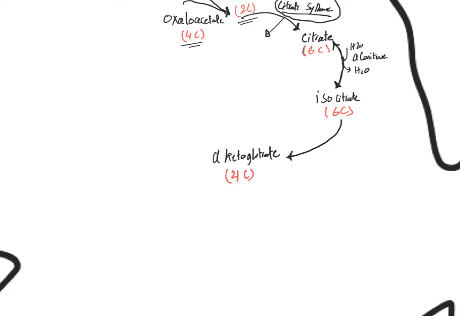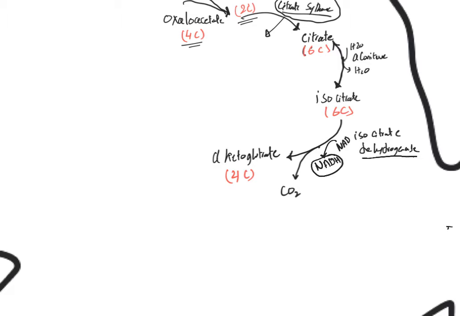Because we lost a carbon here, there will be carbon dioxide released, and the enzyme responsible for this is isocitrate dehydrogenase. As I mentioned before, whenever you see dehydrogenase, there is usage of NAD or FAD. So here NAD is converted into NADH.